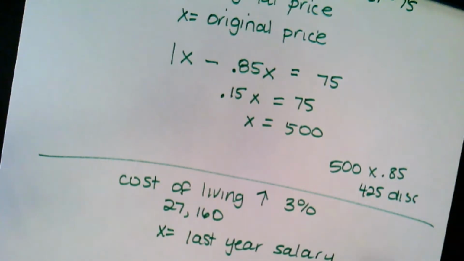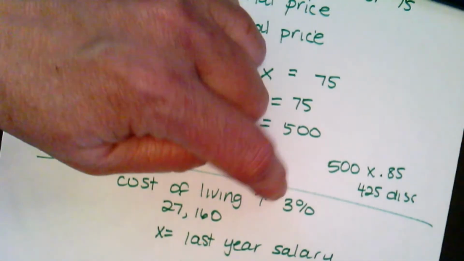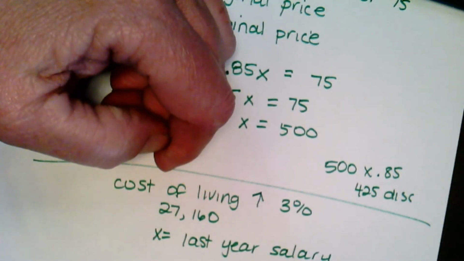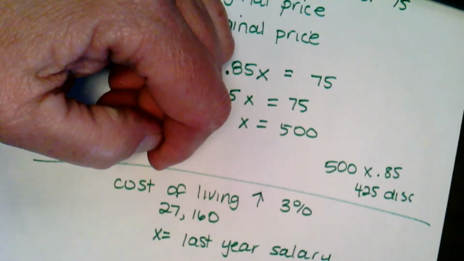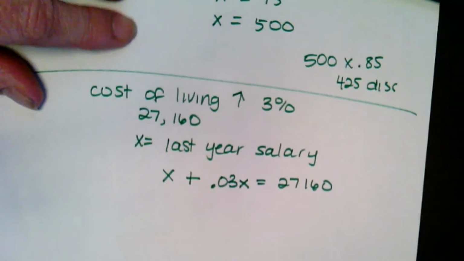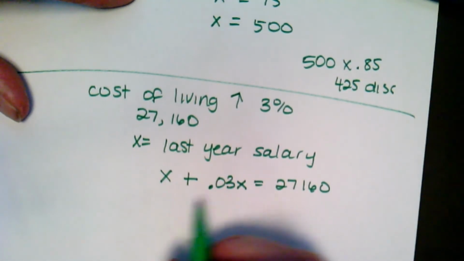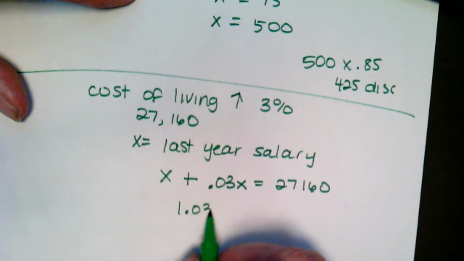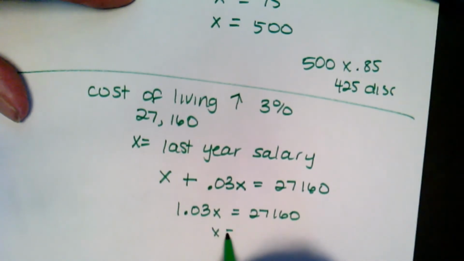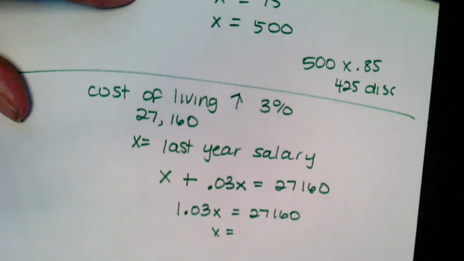And then we use what we just learned. Her last year's salary plus, because she got an increase, 3% of last year's salary equals $27,160. If I put these two together, I get 1.03 x's. And then divide both by 1.03.